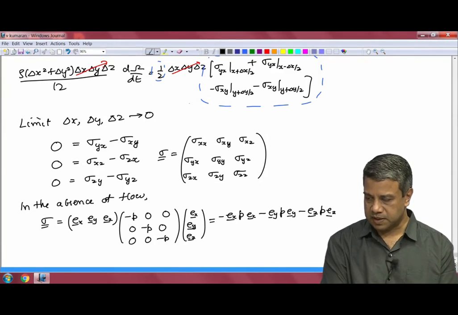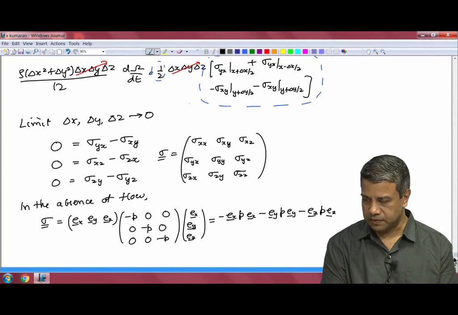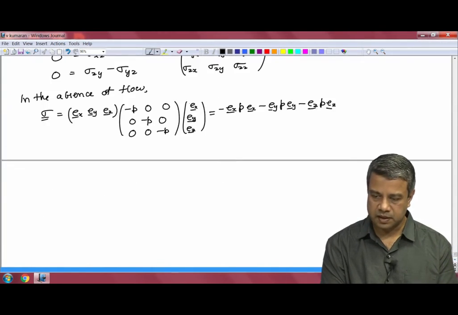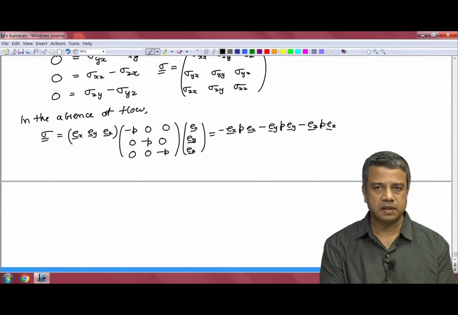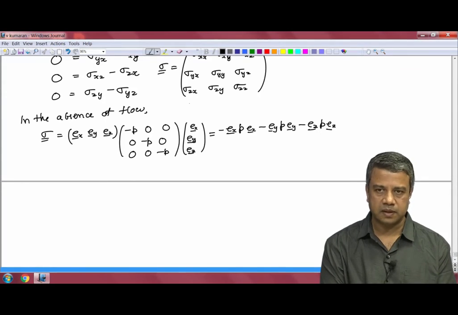Therefore, the stress due to the pressure in the absence of flow has only diagonal elements, and all 3 diagonal elements are equal to minus P, where P is the pressure.